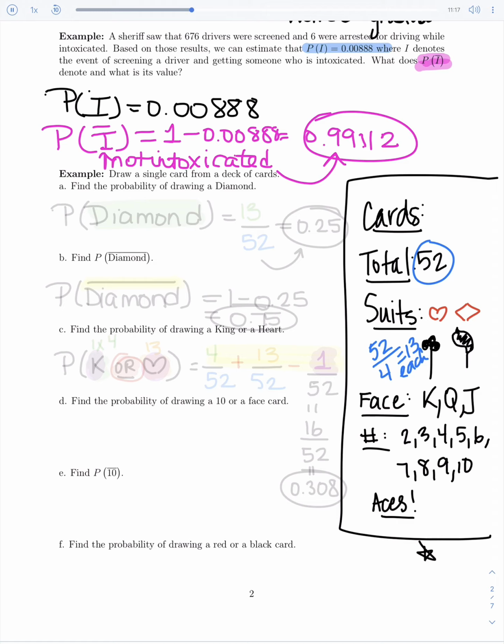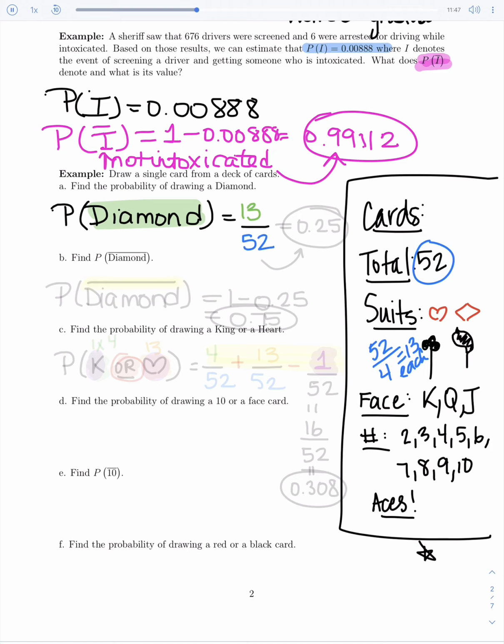Let's take a look at A. On A, we're looking at the probability of drawing a diamond. First of all, we need to know how many diamonds there are in a deck of cards. We said there are 13 cards in each suit, so that would be 13, out of a total of 52.